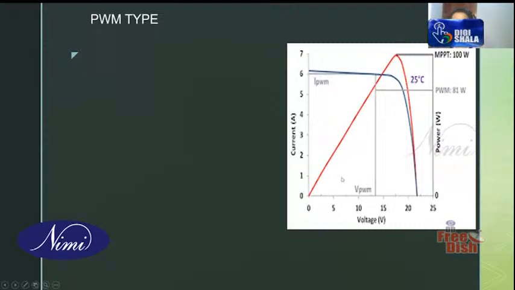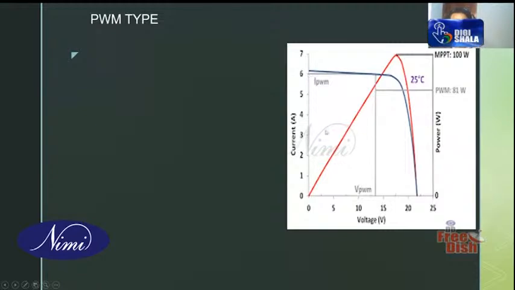This red line is called the power graph, showing the power. This is the maximum power the solar module is giving. The voltage corresponding to the maximum power point is, for example, 20 volt, and the current is 6 ampere.